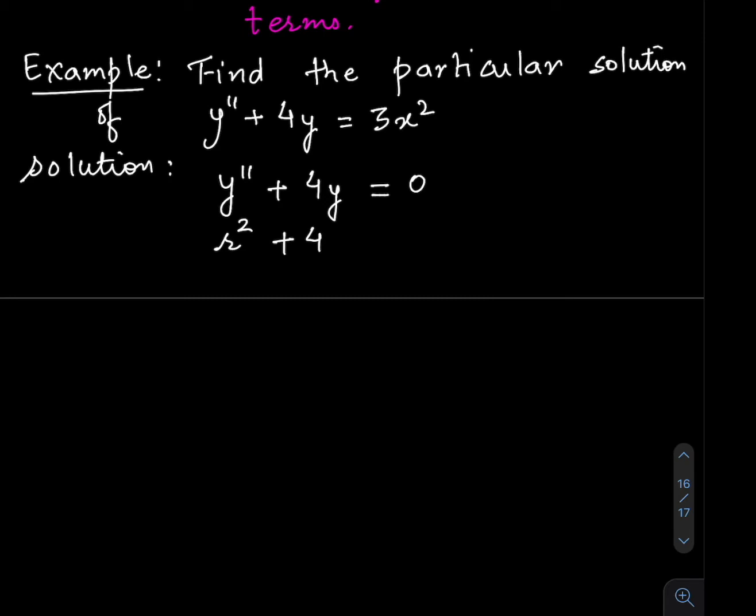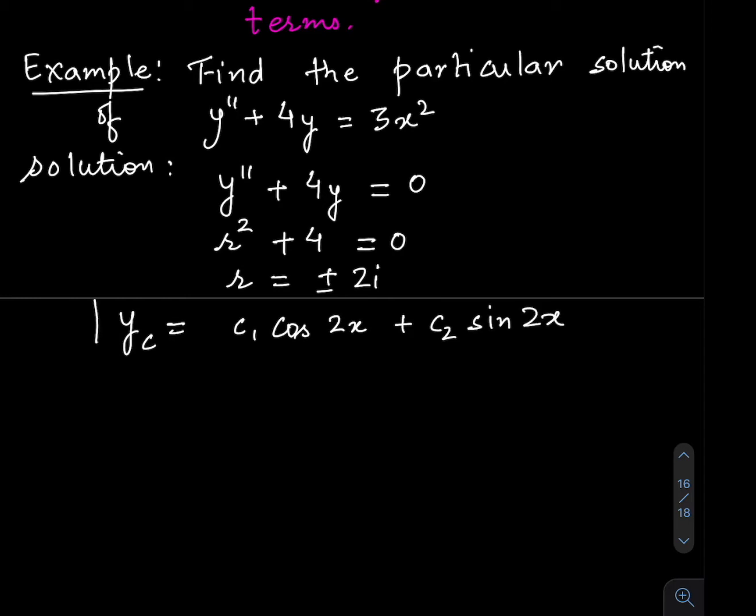So here I am assuming that you already know how to find the complementary solution. Even then I'm just writing it down quickly. Then our r is equal to ±2i. In case of complex roots, our yc is given by c1 cos(2x) + c2 sin(2x).